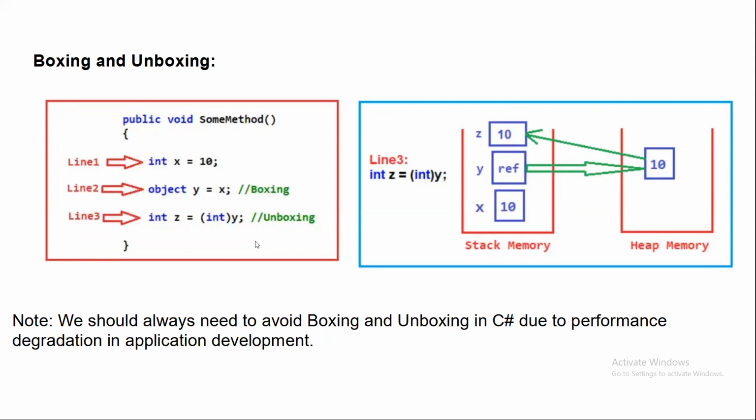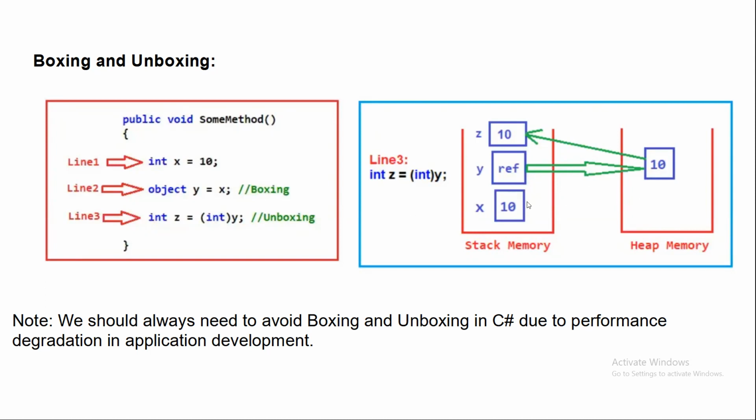And if you do it the other way around, if you are initializing a standalone variable from an object reference, it is called unboxing. If you recall my class from two days back, I was discussing stack memory and heap memory. Stack memory is to store the standalone values. Heap memory is for objects and reference data types. So when you move values from standalone to reference object and vice versa, it always involves dealing with two memories, stack memory and heap memory.